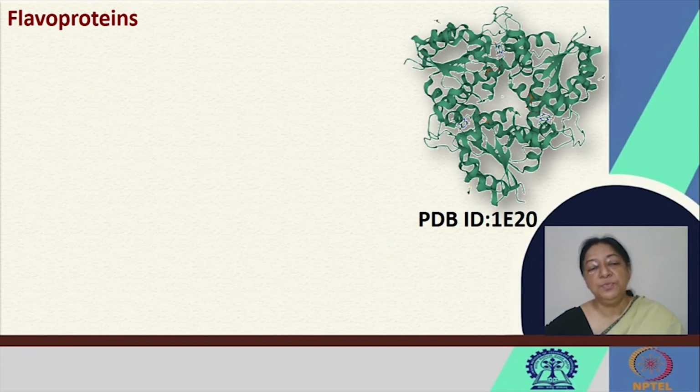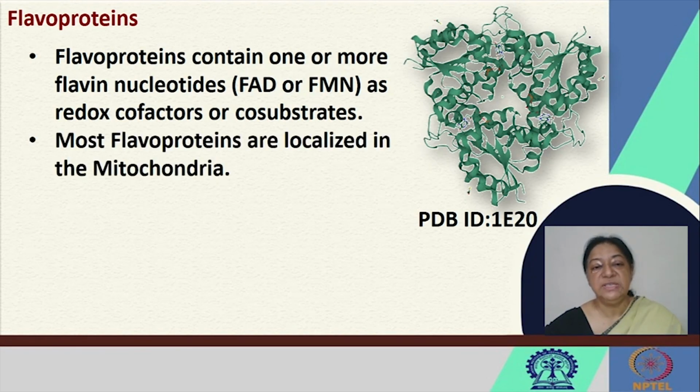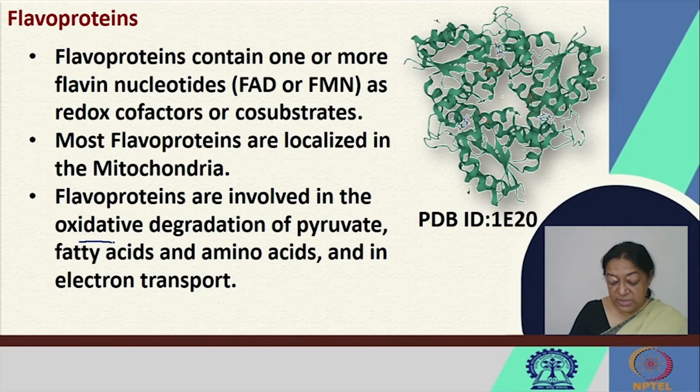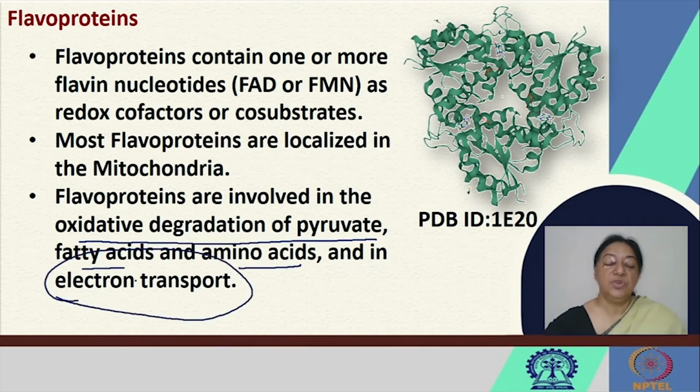When we look at flavoproteins in general, they contain one or more flavin nucleotides, FAD or FMN, as redox factors or co-substrates. They are localized in the mitochondria for their specific activity, and they are involved in the oxidative degradation of pyruvate, fatty acids and amino acids, and most importantly, in electron transport.